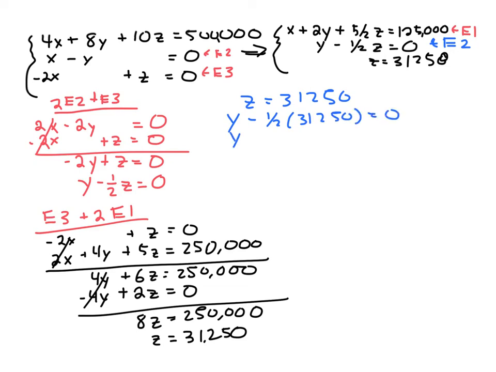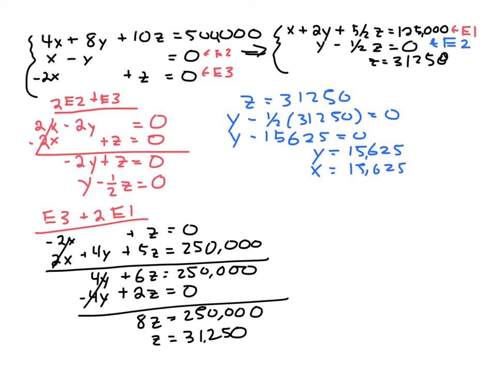So if I add this, or well, let me go ahead and do this. So that would be 15,625. Okay, so y then would equal 15,625. All right. Now I know x equals y, so I could just say x equals this as well.